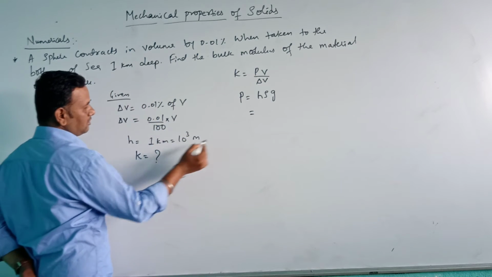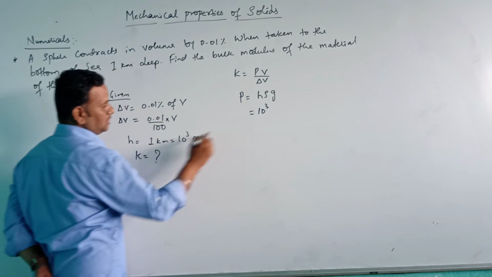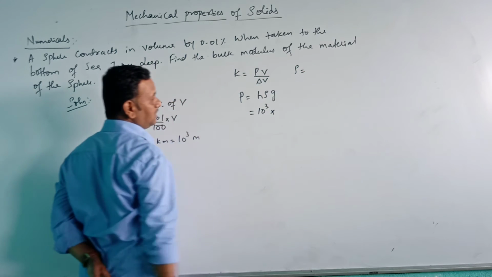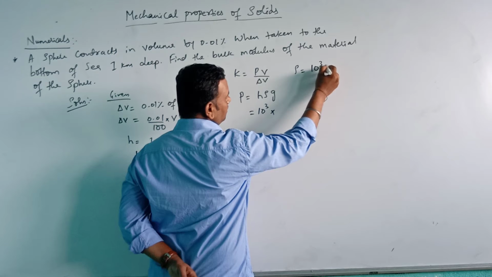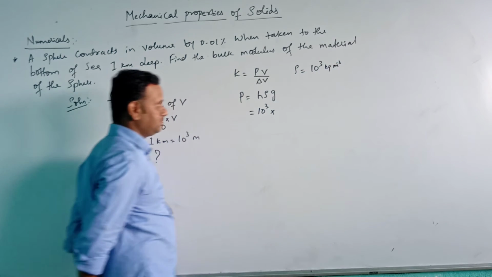Height is how much here? 10 to the power of 3. That is H. And we also know that the density of water is 10 to the power of 3 kg per cubic meter.